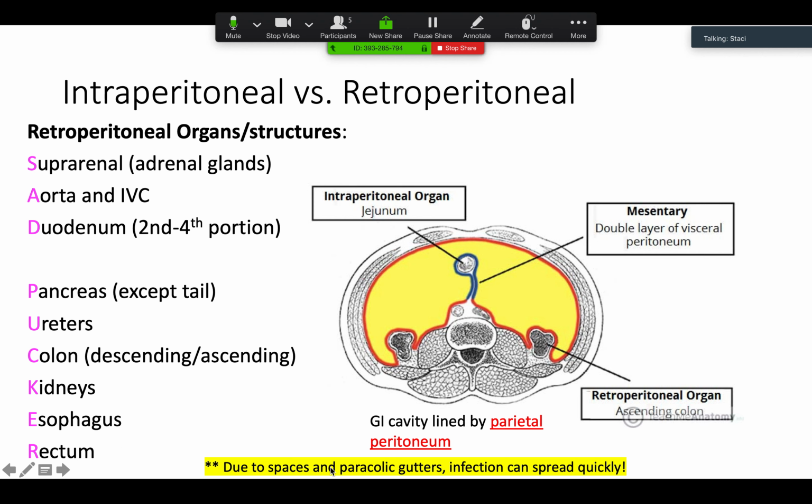Due to these spaces and pericolic gutters, infection can spread really quickly. If there's an infection in one of these retroperitoneal organs, let's say the colon, it can affect the kidneys. So that's why it's important to know what all of these structures are.